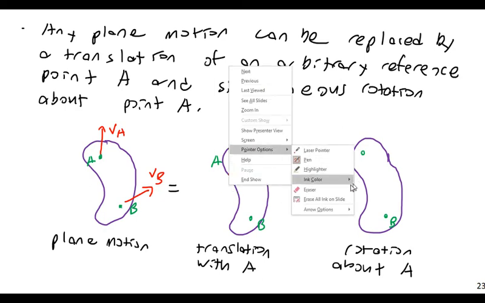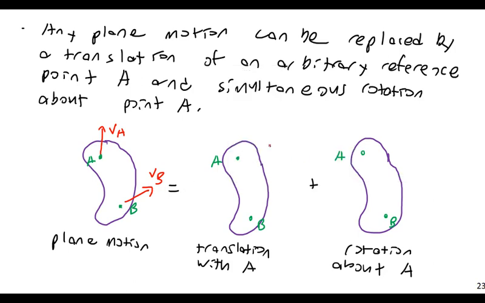This would be equivalent to both of these moving with VA, translating, and then this thing not moving, but then a velocity that is v of B with respect to A, and then a rotation about here, an omega k.